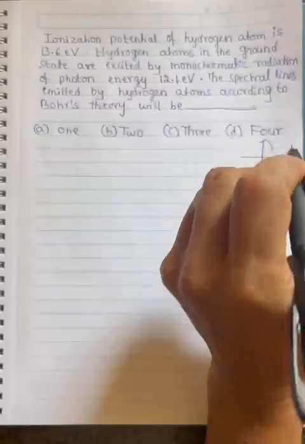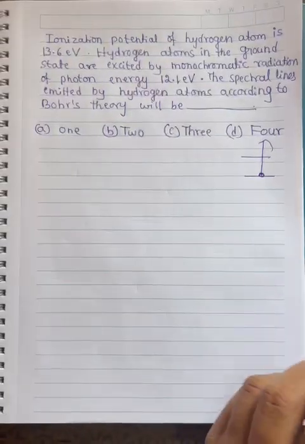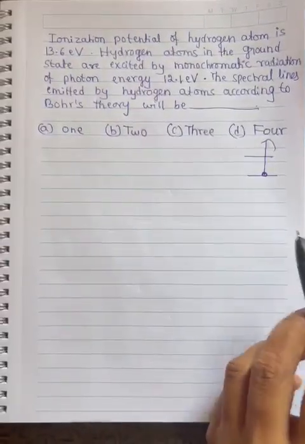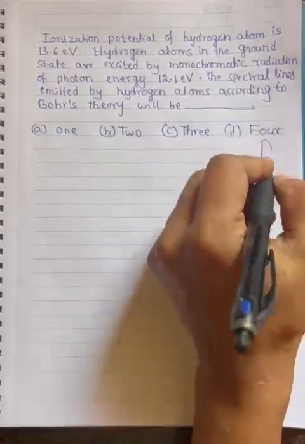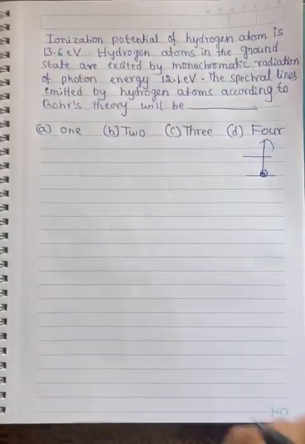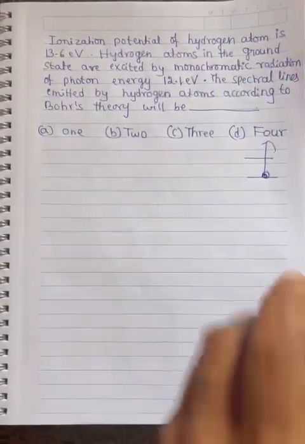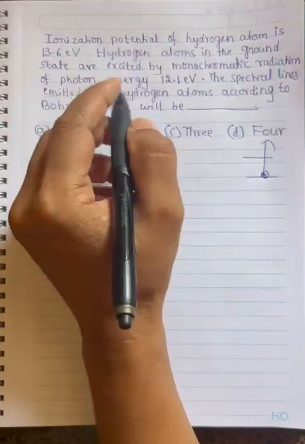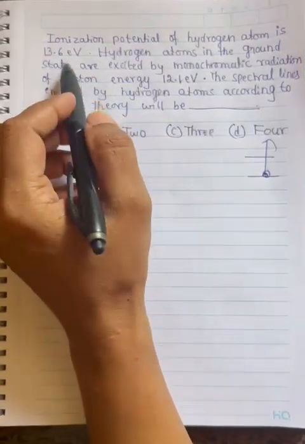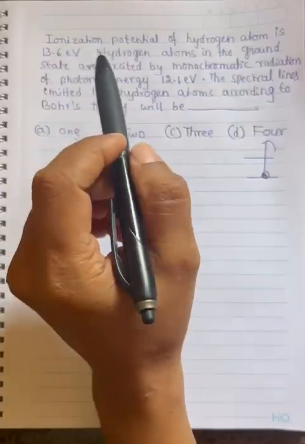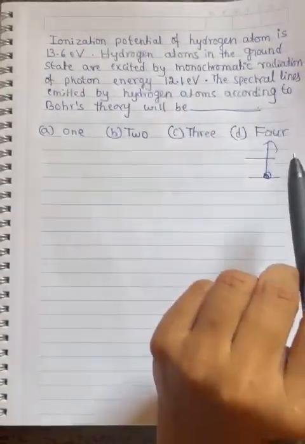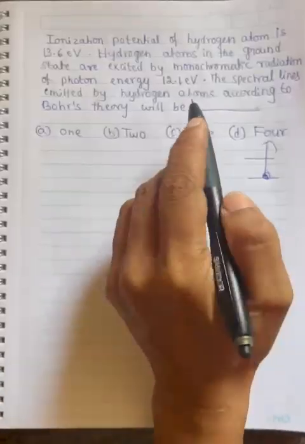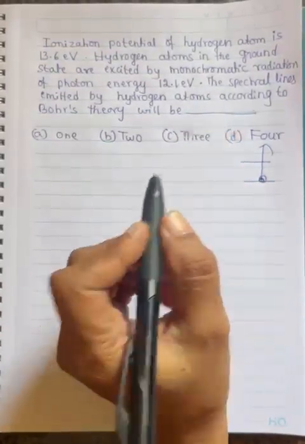Okay, so this is the ionization energy, where the electron is completely free from the atom. And here the energy is given, that is 13.6 electron volt, and also the photon energy emitted by the monochromatic radiation is given, that is 12.1 electron volt.